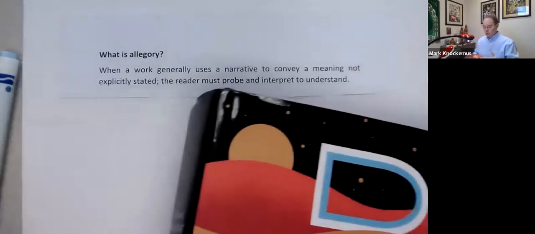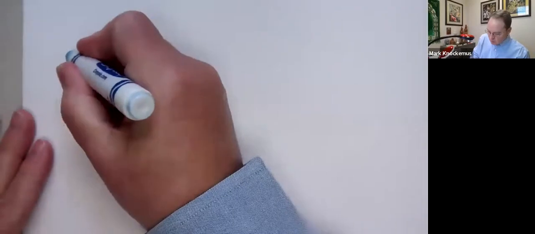So what we have to do is we have to kind of get in here, right? And we have to do some digging and probing around to really understand how an allegory works.